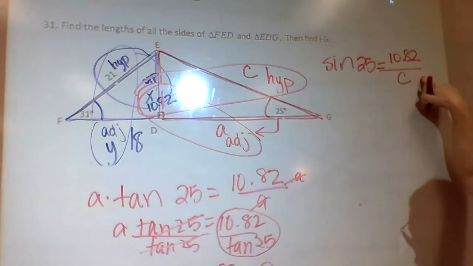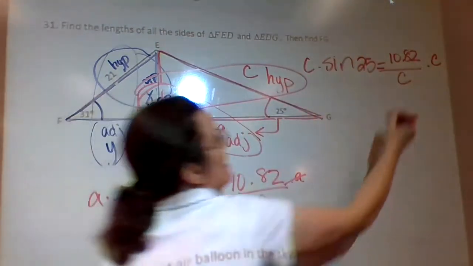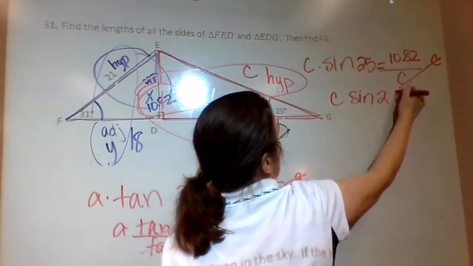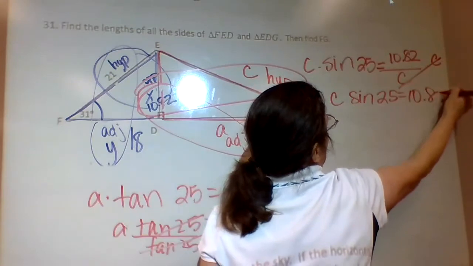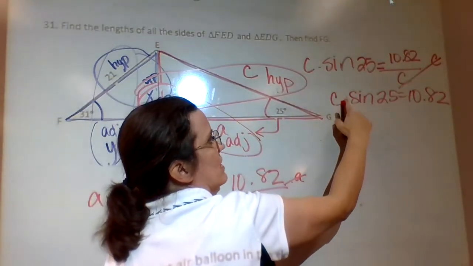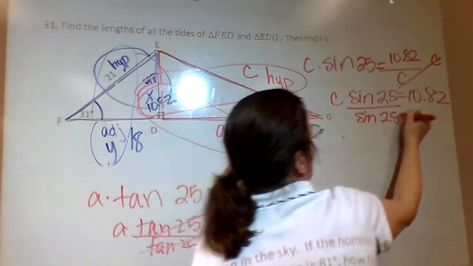Well, I don't want C on the bottom, so I'm going to times by C on both sides. These will cancel, and I'll be left with C times the sine of 25 equals 10.82. To get C by itself, I'm going to get rid of the times by dividing by the stuff.